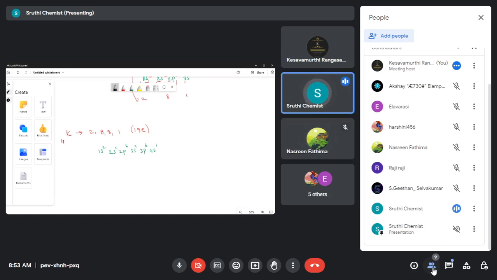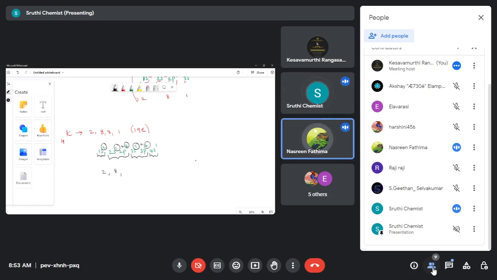So if you check, this is the first orbit, this is the second orbit, this is the third orbit, and this is the fourth orbit. How many electrons are in the first orbit? 2 electrons. In the second orbit, 8 electrons, because I have to sum the electrons in the second-shell subshells.